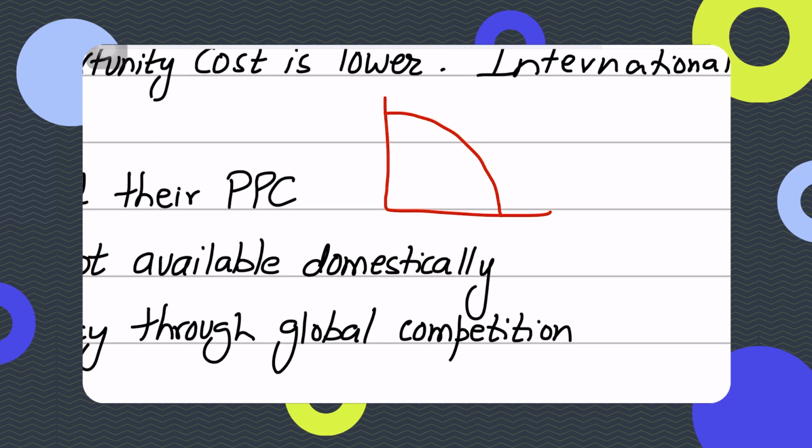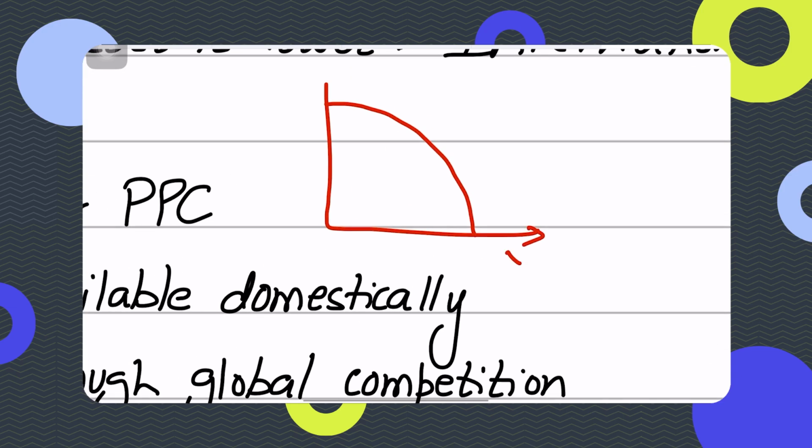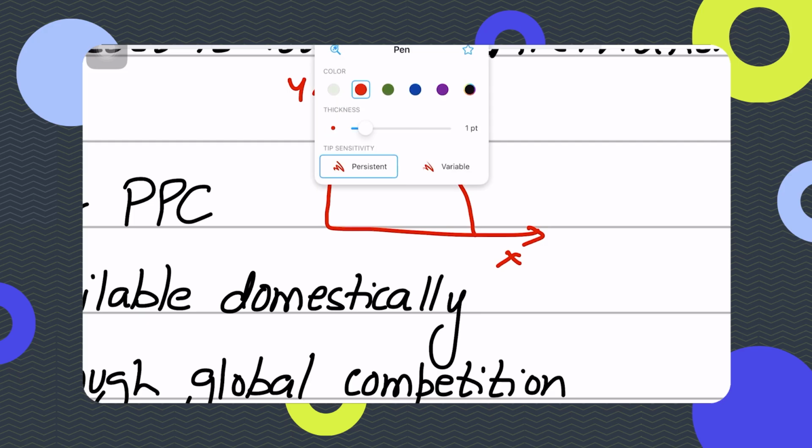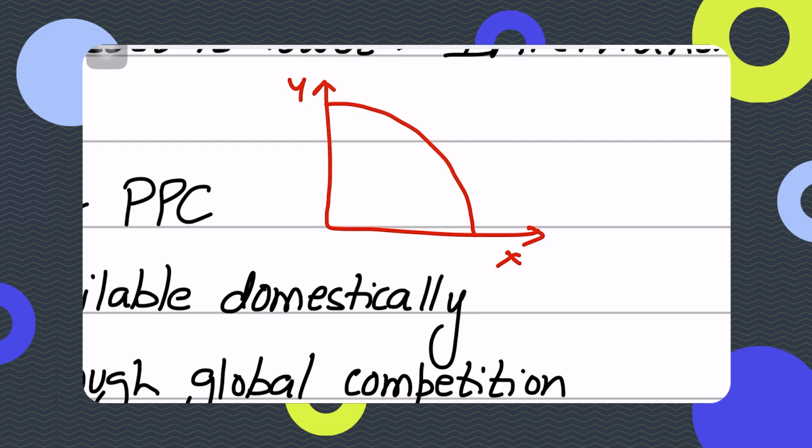So, for example, the maximum that I can produce, if I produce X myself and Y myself, let's say I could maybe produce this much X with this much Y, right? But this is what I could produce myself, both the goods.